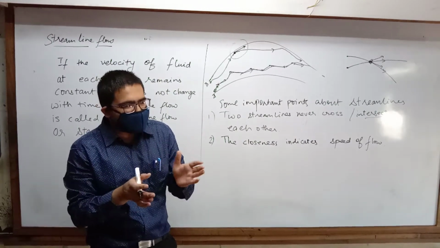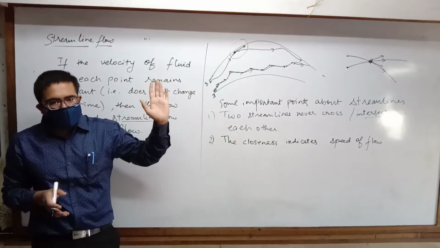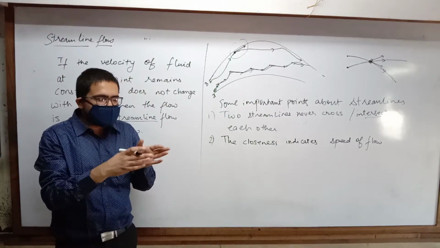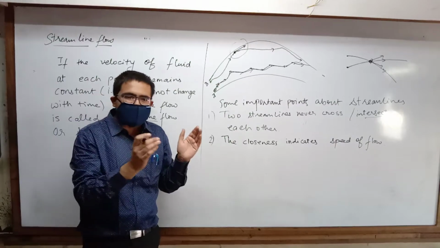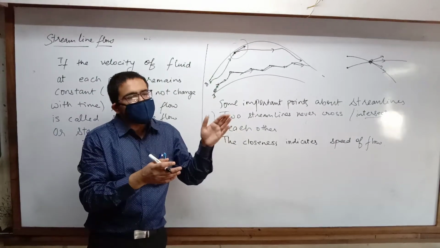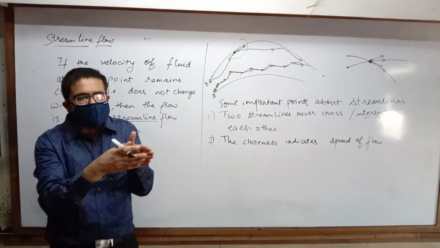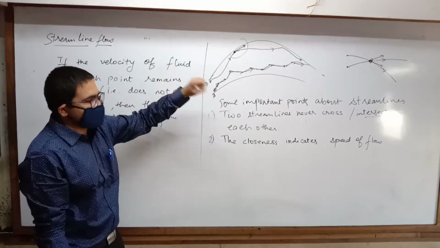You understood what I said? The closeness indicates speed of flow. So wherever the flow becomes slow, the streamlines will spread out. Wherever the flow becomes fast, it would narrow down. Things would get close to each other. So that is what is indicated by closeness.